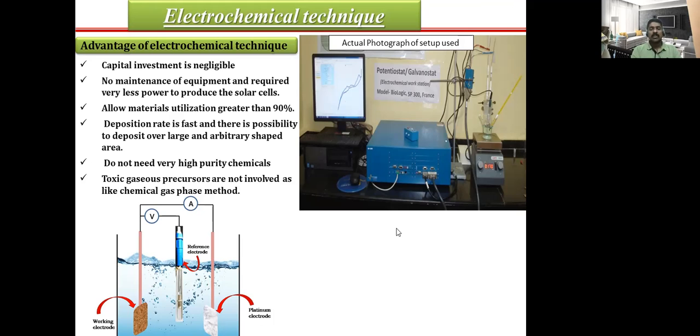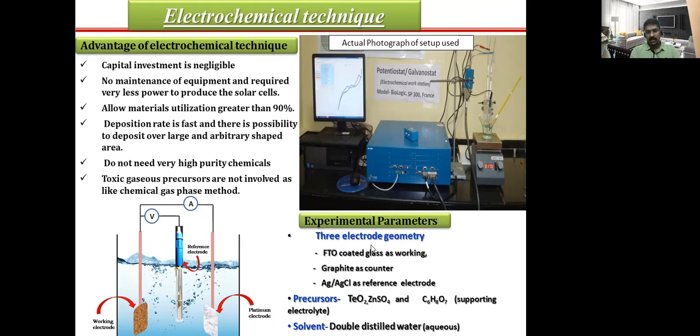So this is the conventional three electrode deposition system, in which FTO is used as the working electrode, graphite as the counter electrode, and Ag/AgCl as the reference electrode. The precursors used for the deposition of ZnTe material are tellurium oxide, zinc sulfate, and citric acid as a supporting electrolyte.